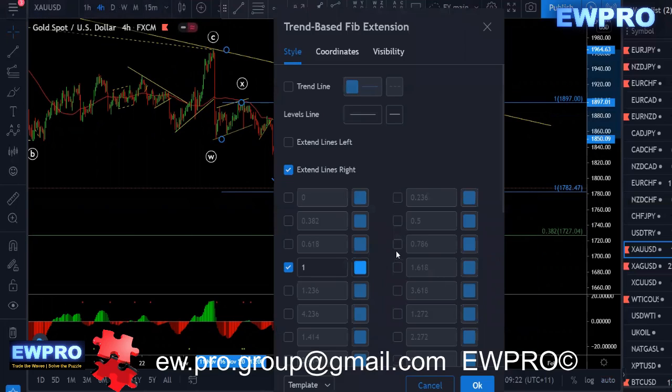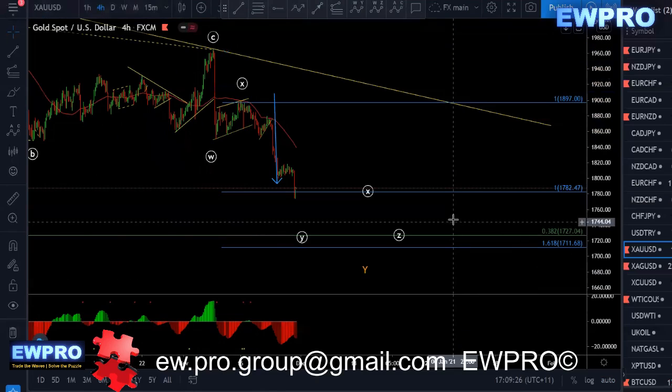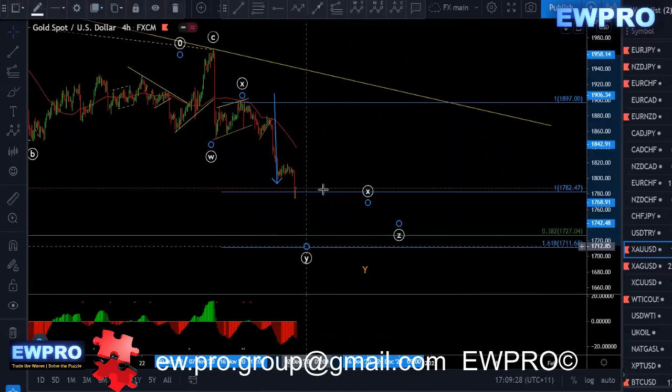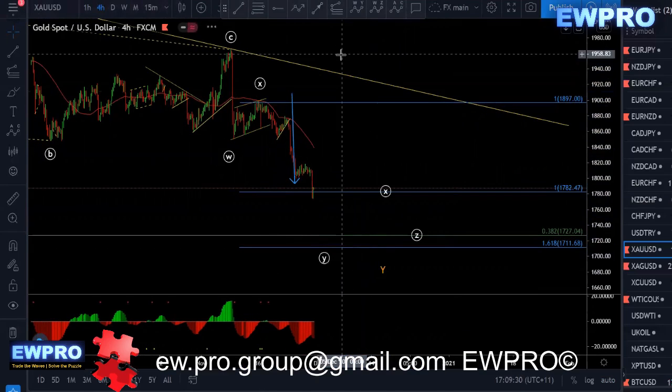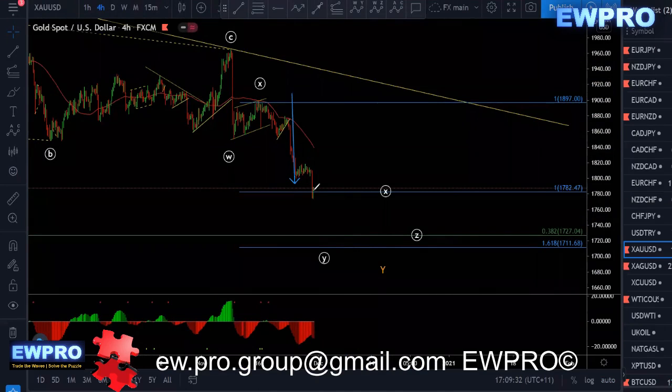So this may keep on dropping down. It sort of bounced off this 100 fib here. So it may be over, but it may still come down to this 161.8 or the 123.6 in here somewhere. Just have to see how far this goes now.